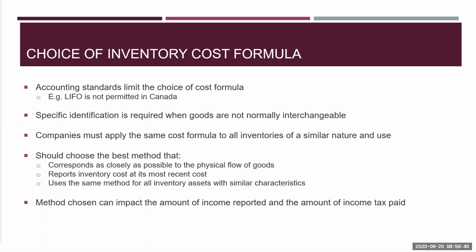So we only want to pick this if it makes sense in a business environment where each inventory item is unique. If it is unique, then go ahead with specific identification. If your inventory items are homogeneous, then go with first in, first out if your warehouse layout supports that. Otherwise, we can go with average cost. Either of those two methods should work fine.